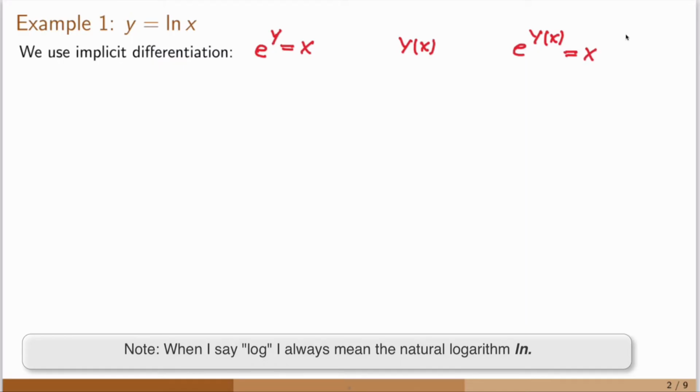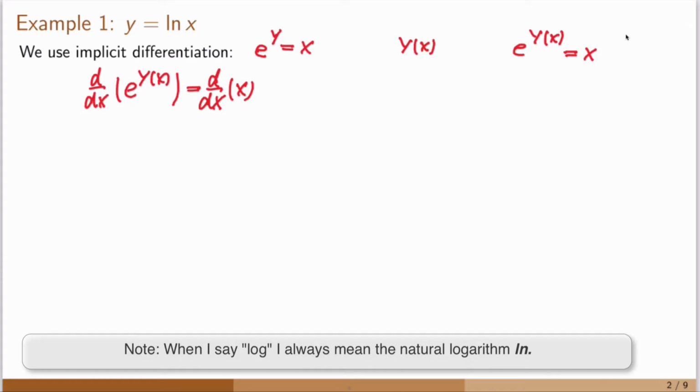And then we use implicit differentiation, which means we differentiate that equation by x. So we write d by dx of e to the y of x equals d by dx of x. On the left-hand side I have a chain rule.